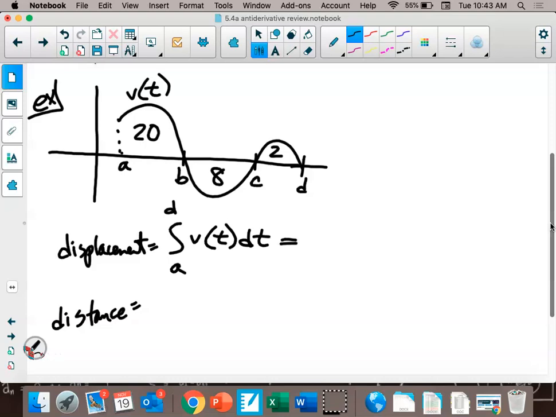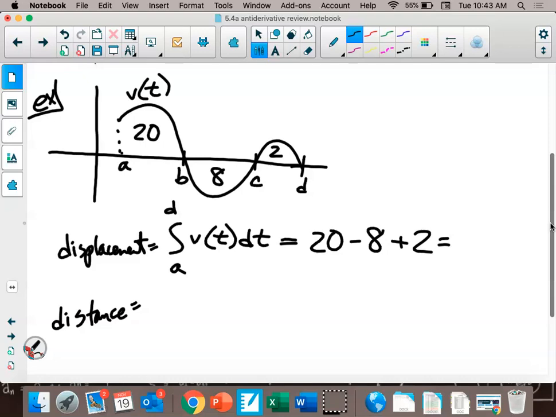Remember, the integral is area under the curve, right? So the integral is the area under the curve of my velocity graph, but remember, this is net area. These numbers represent areas. So we have 20 minus 8 plus 2.